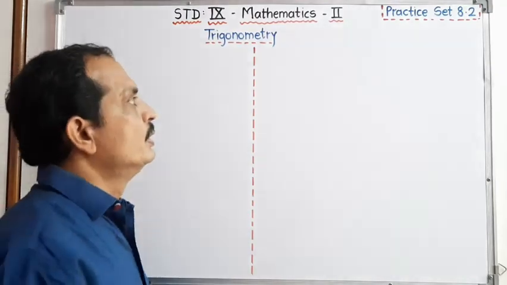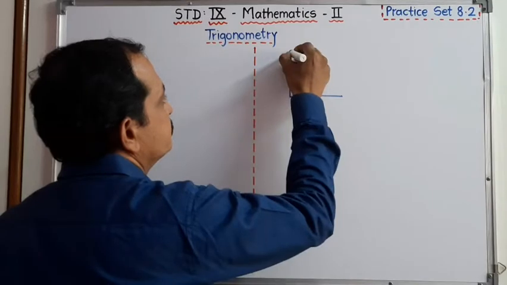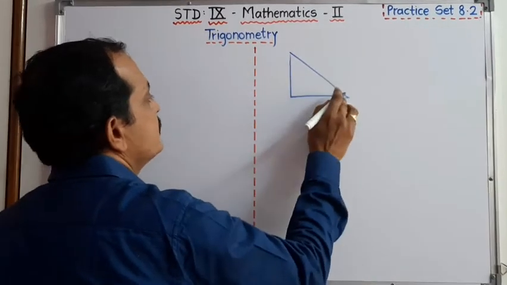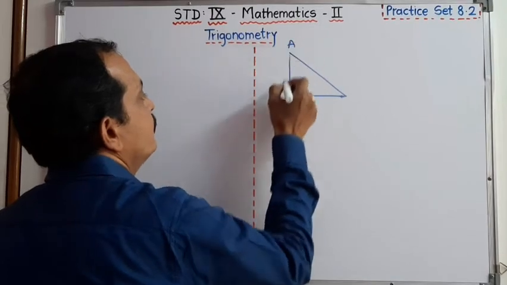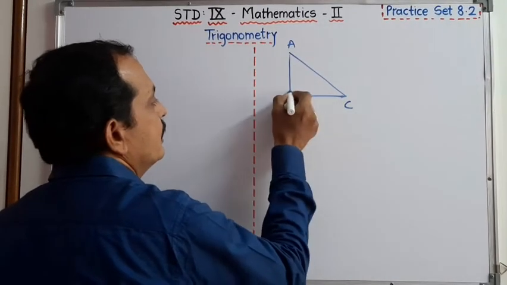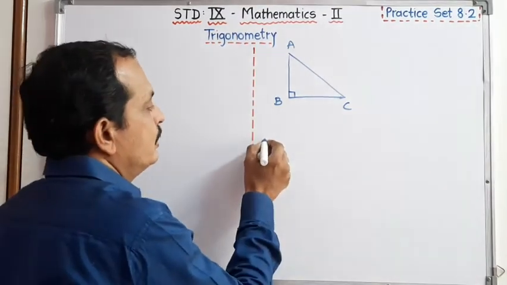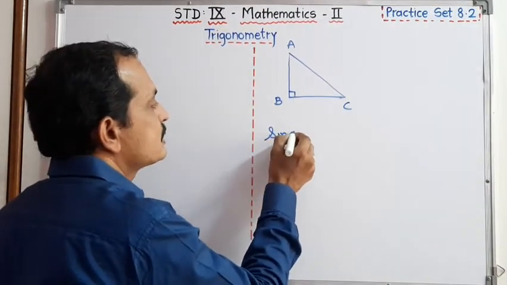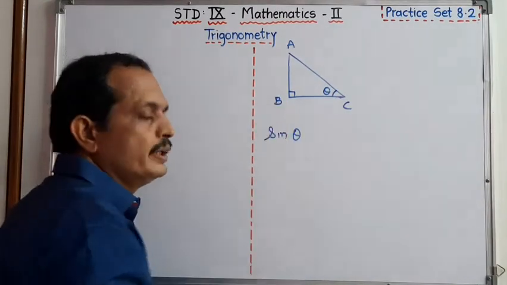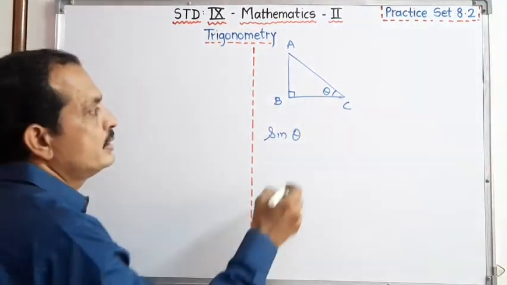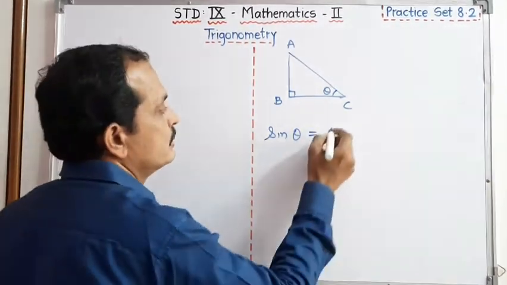Dear student, all of you know that this is a right angle triangle. In this right angle triangle ABC, angle B is 90 degrees. Then tell me sine theta. Sine theta means opposite side upon hypotenuse.